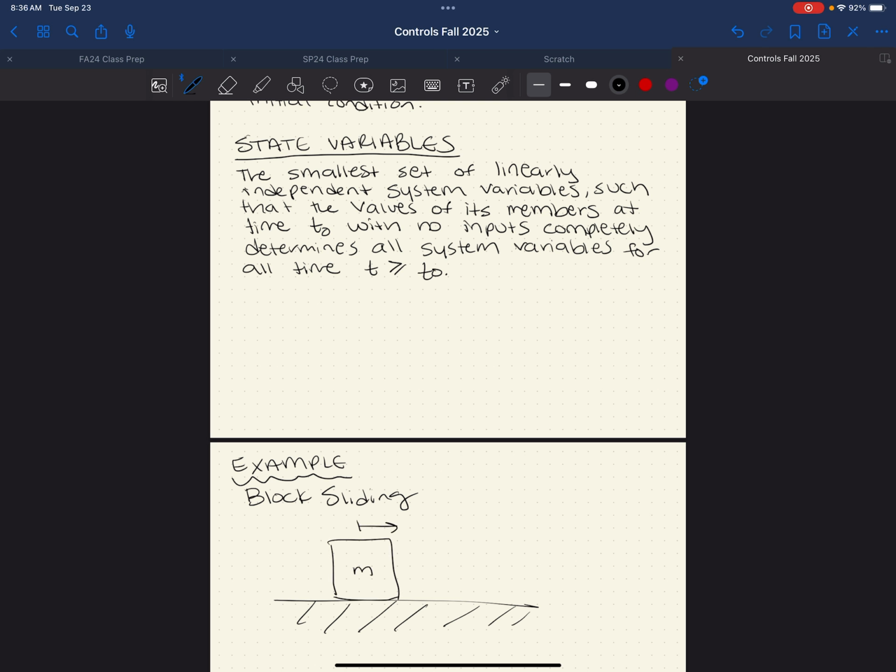We're going to describe some position. We're going to give it a force. We'll say this is our input. And let's say our equation of motion of this system is m x double dot equals f of t minus some viscous friction. So there's some friction between the block and the ground that we're going to model with this viscous friction term.